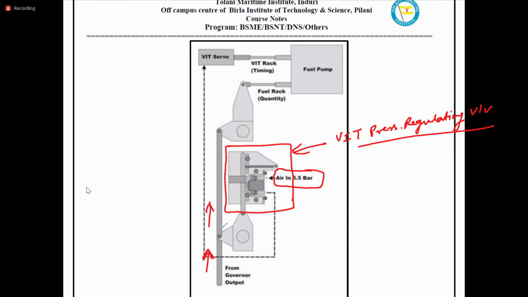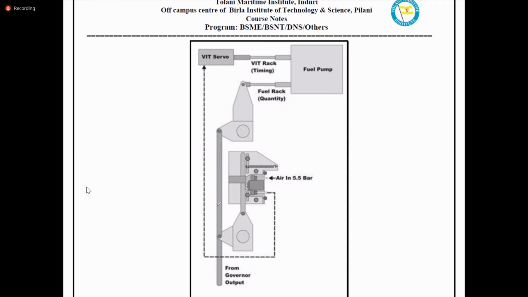When this linkage, this point shifts like this, when this moves up, the shaft is going to turn like this, and this is going to take it this way. So it's going to block this passage more. The air inlet which was coming, now lesser air will be able to go out.